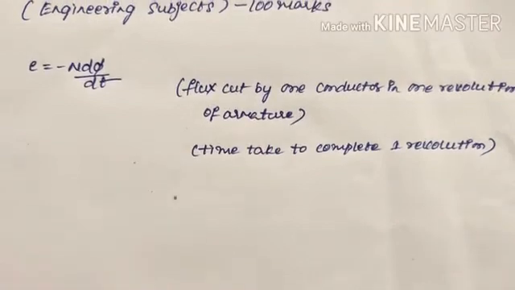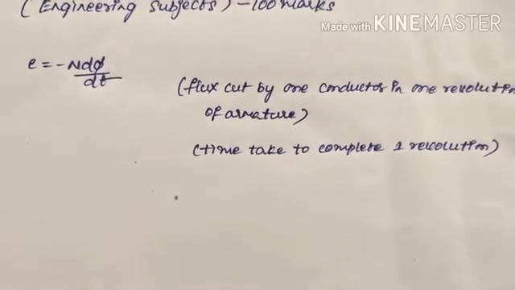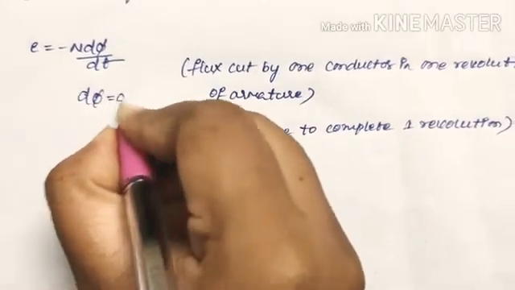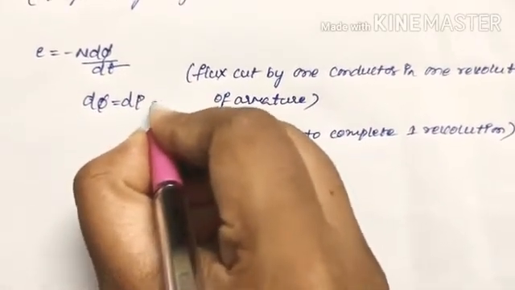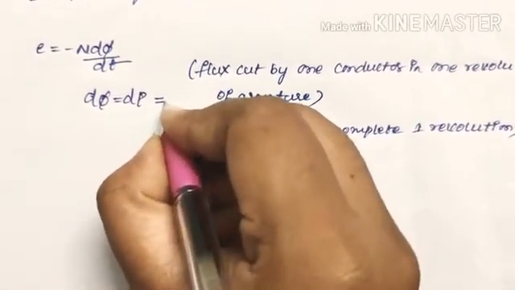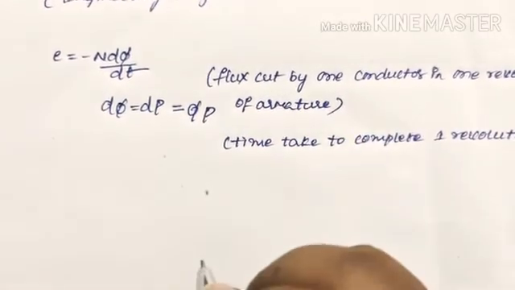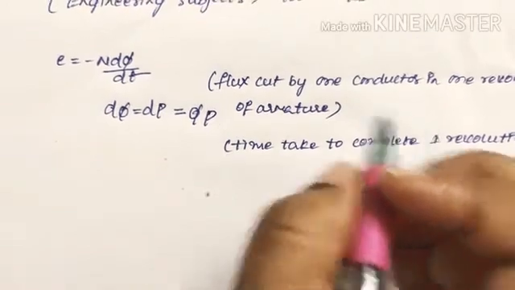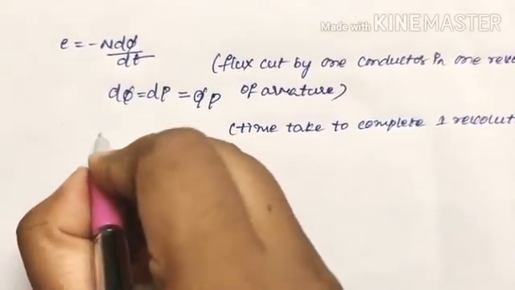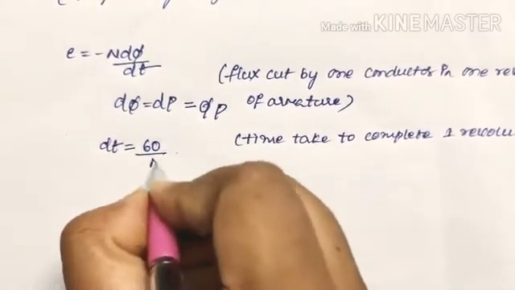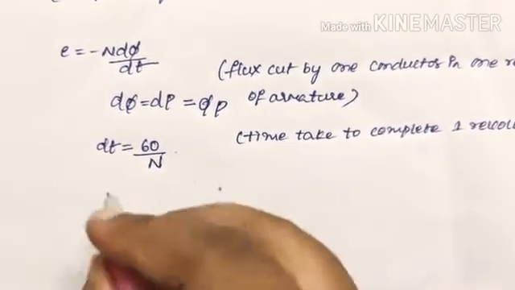Flux cut by one conductor in one revolution of an armature is given by d phi equal to phi P. That means we can take it as the flux into the number of poles. The time required to complete one revolution is given by 60 by N, the speed of the conductor.